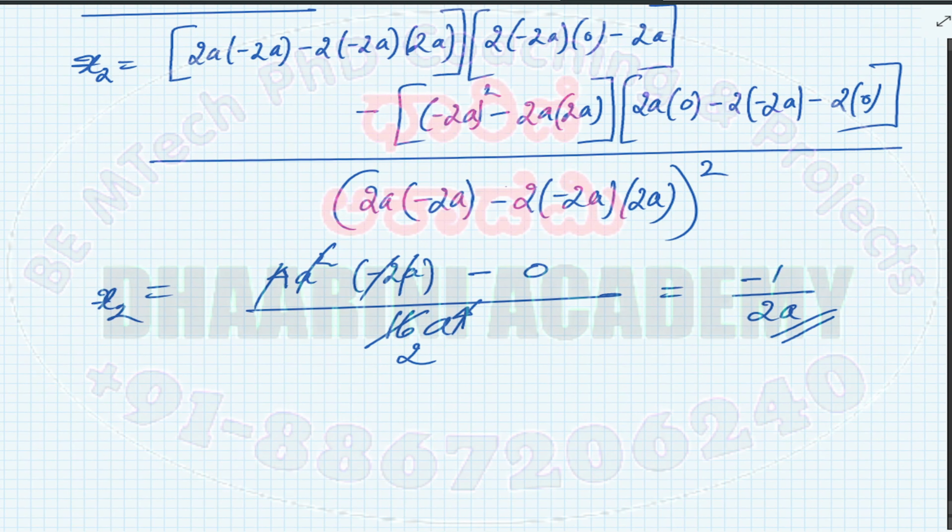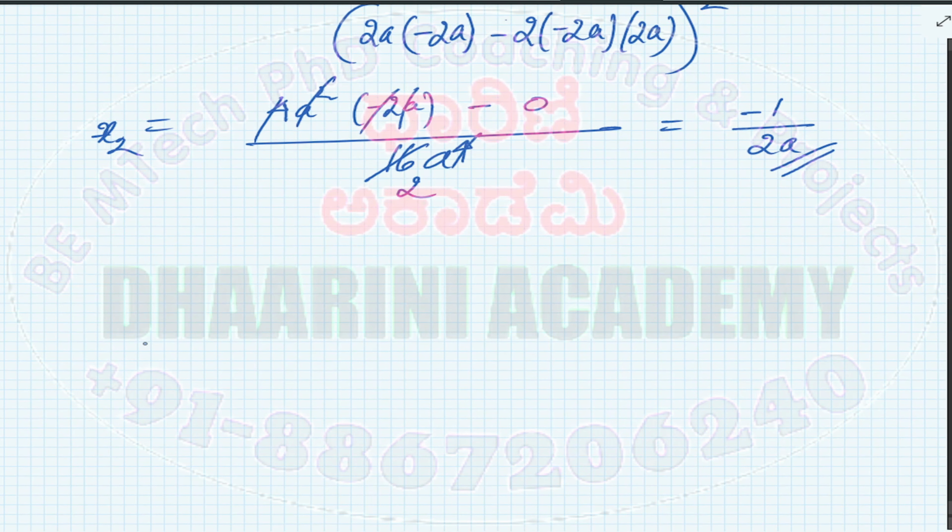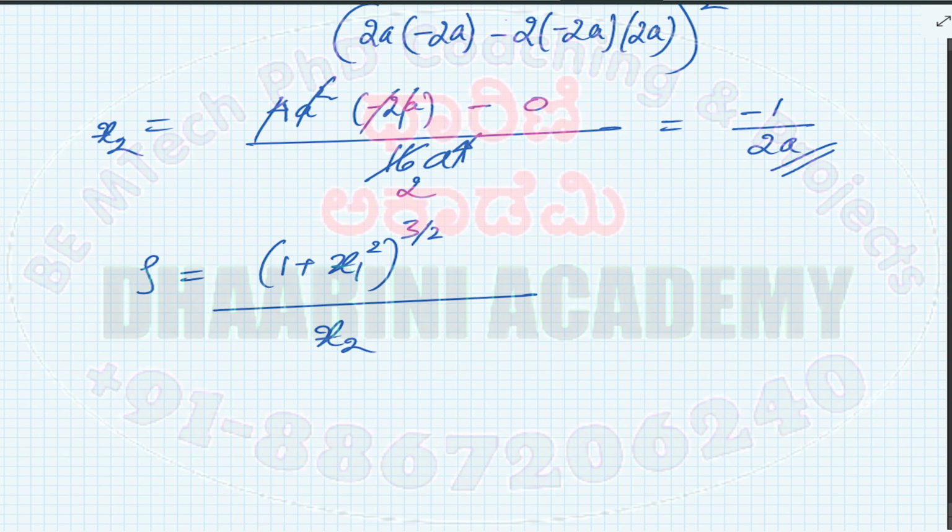I got x1 equal to 0, I got x2. So therefore, my final calculation, rho, I just have to calculate this rho. Rho is equal to 1 plus x1 square, the whole to the power 3 by 2, divided by x2. So this is nothing but 1 plus 0 whole raised to the power 3 by 2 divided by minus 1 by 2a.